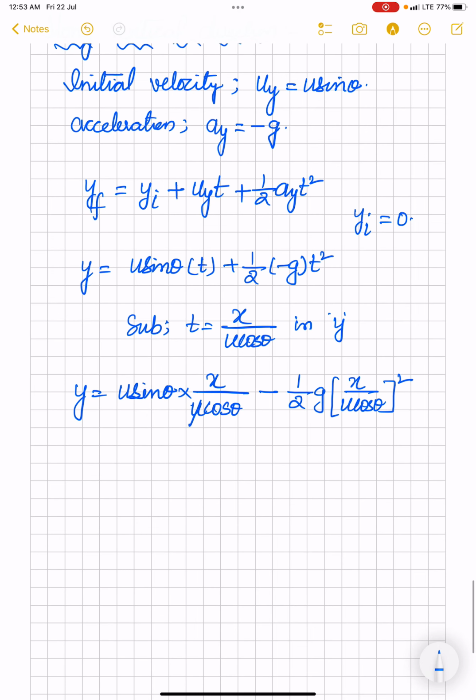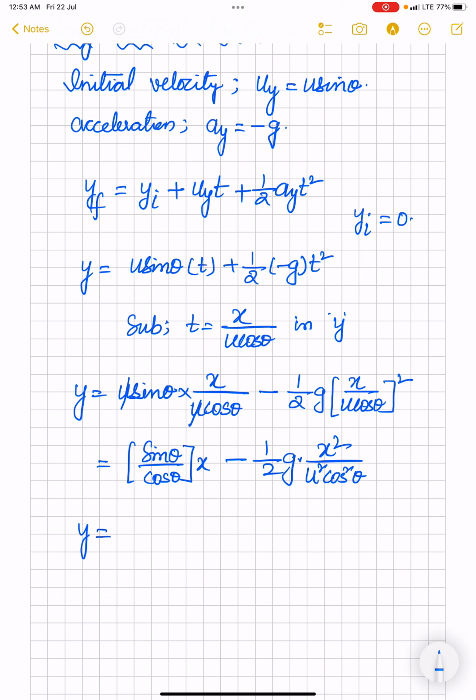So let us simplify. u and u get cancelled. You can see here straight away, this is sine theta by cos theta into x, minus half into g into x square by u square cos square theta. So I would like to write this as y is equal to x into tan theta minus g upon 2u square cos square theta into x square.